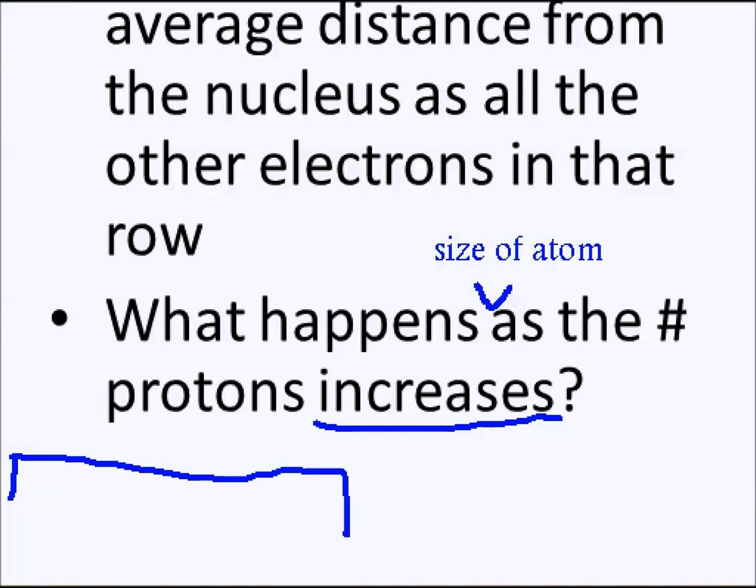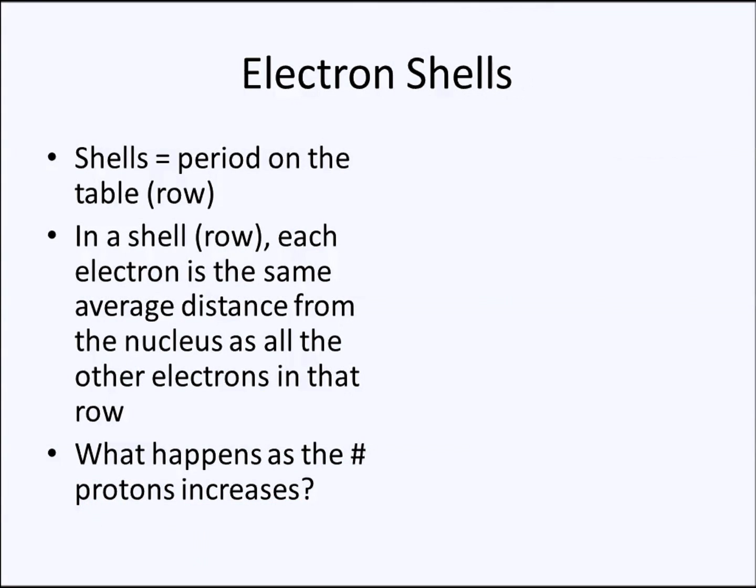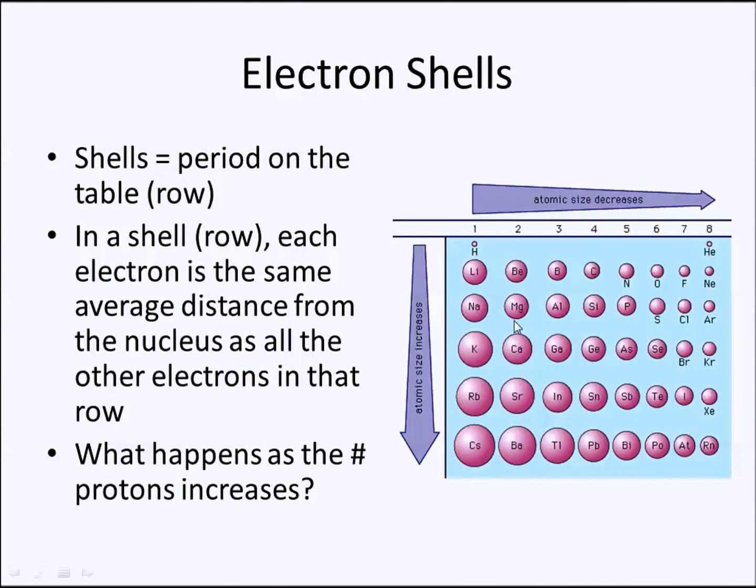So this is still in one row. What could you say about the size of an atom here compared to the size of an atom here in one row? Think about that. Because as it turns out, the answer is that the atom gets smaller.